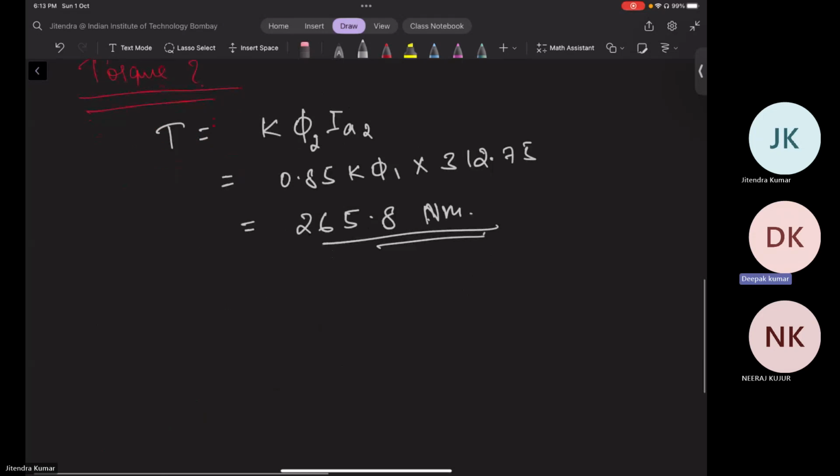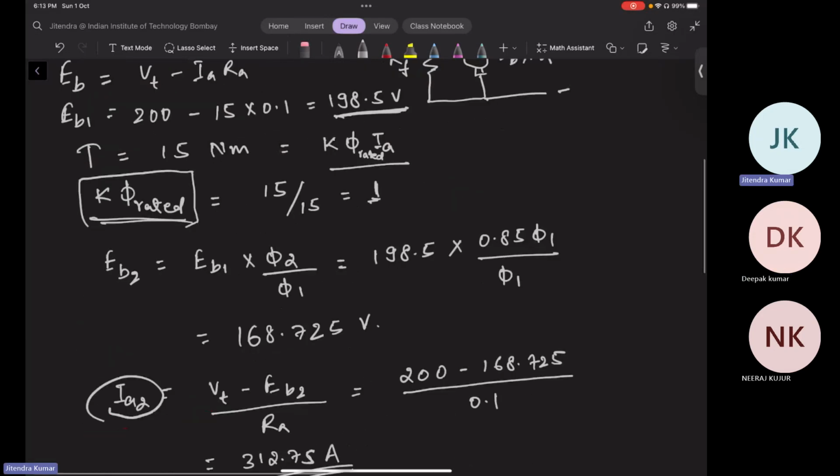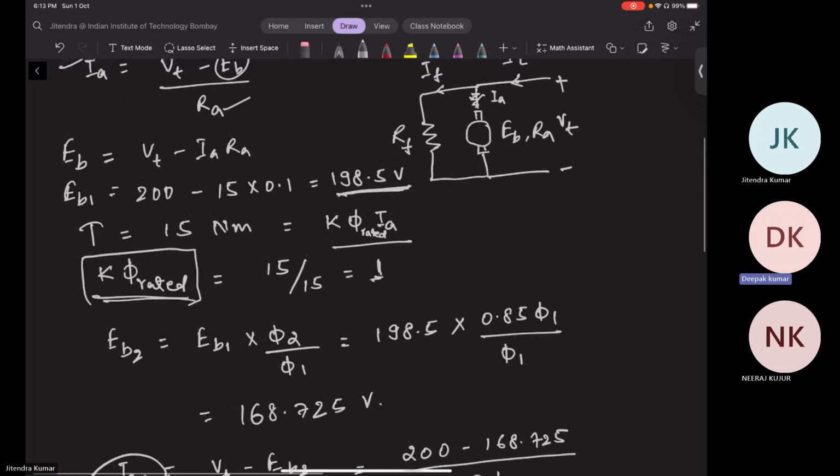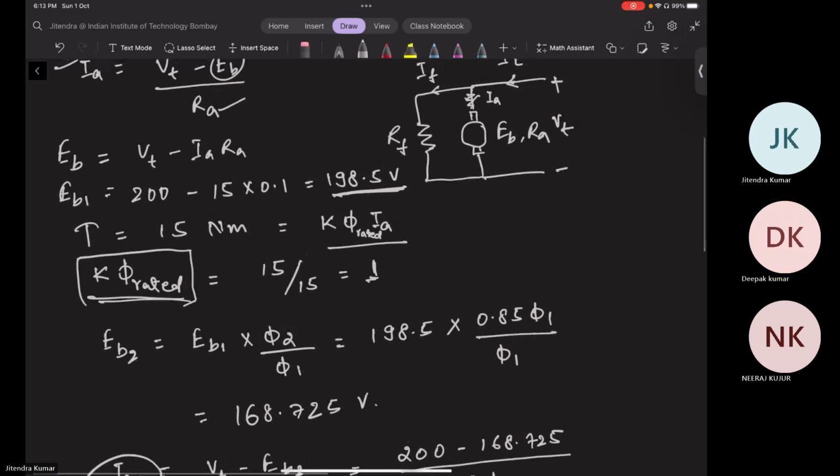Sir, they did not mention speed is constant.